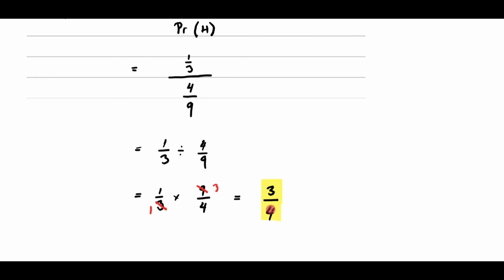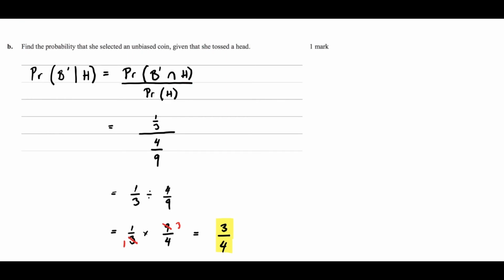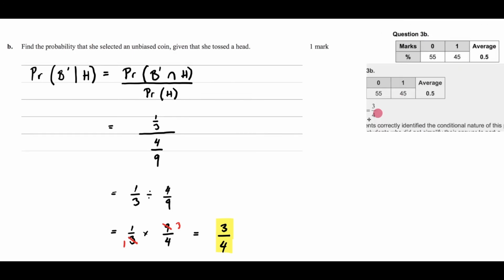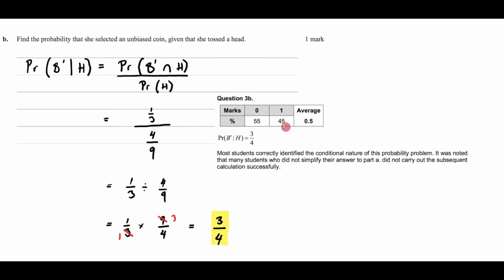And now let's look at the examination report and see how the state fared with this question. Okay, so 45% of the state got the full 1 mark for this question. As you can see here, this is what we have done.